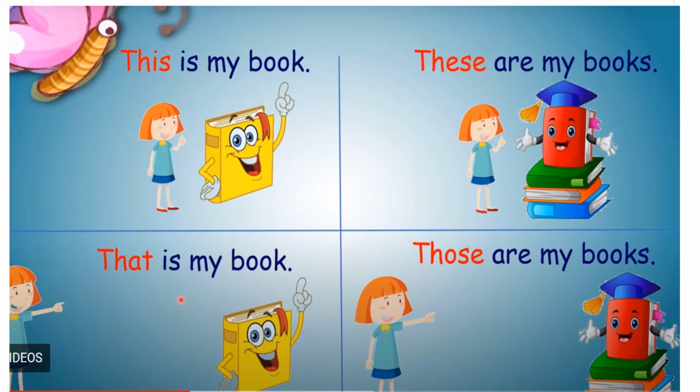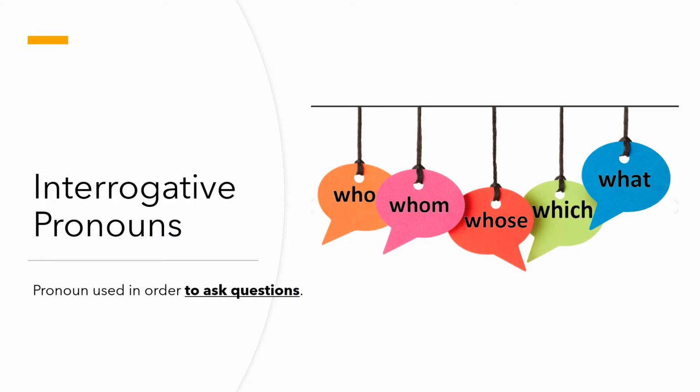In the third picture, she is talking about the book which is quite far from her. You can see the distance. So she is using the demonstrative pronoun that. Whereas when the same girl is talking about the books which are far from her, she is using the demonstrative pronoun those.